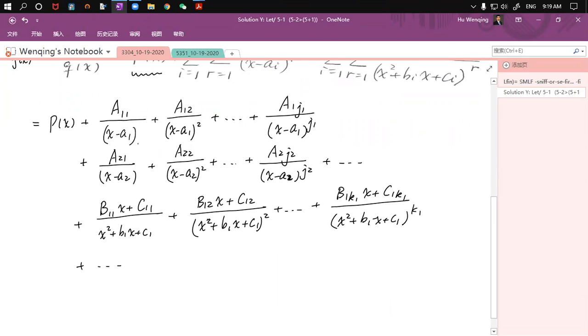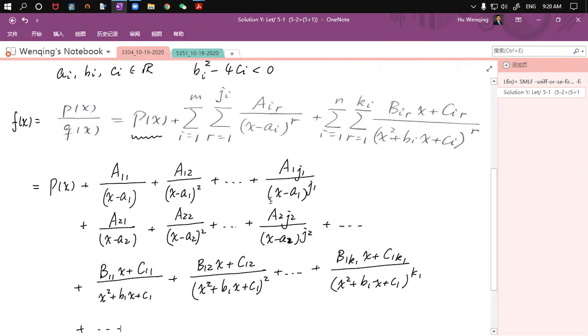So if the denominator is first order or powers of first order, you're going to use constants. If denominators are quadratics, you can use first order polynomials. The second thing is that you have to exhaust all the possible powers. It's not just the maximum power, but from the lowest power you're going to raise to the maximum power. Is that good for everybody?